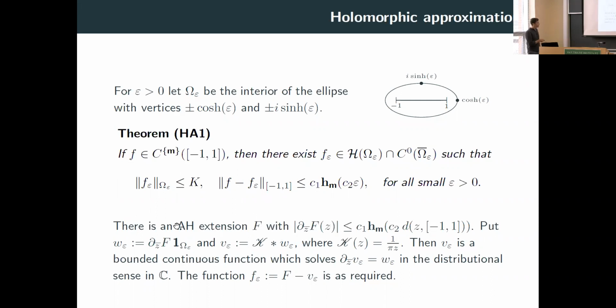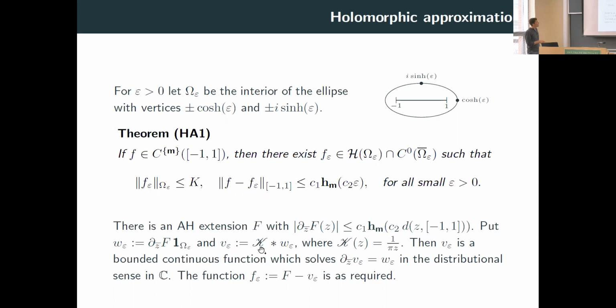Now I take the d bar derivative of F and I cut it off outside of the ellipse. So I multiply it with the indicator function or characteristic function of the ellipse. So I put it 0 outside. Okay. And then I take the convolution of this function with the Cauchy kernel.